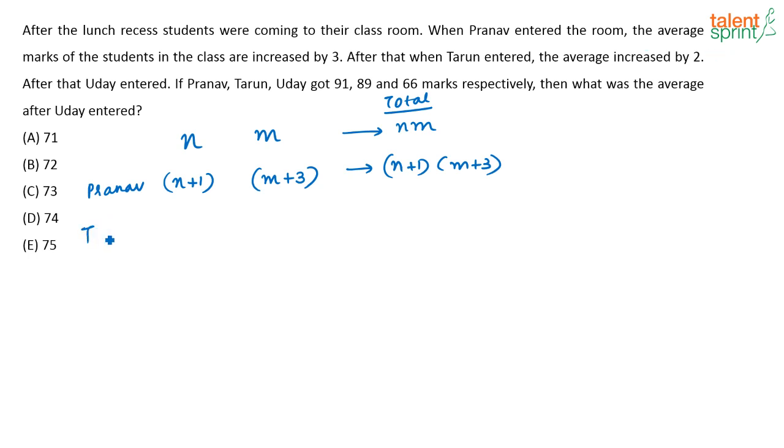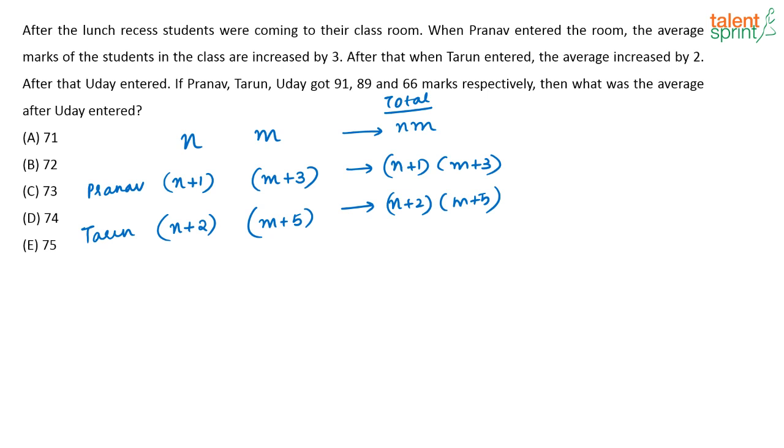So next what is happening? Tarun is entering. So now how many people are there? Earlier there were only n plus 1 people. Now there are n plus 2 people including Tarun, and the average is increasing by 2. Earlier the average was m plus 3, now it has become m plus 5. So what is the total marks now? N plus 2 into m plus 5, right?